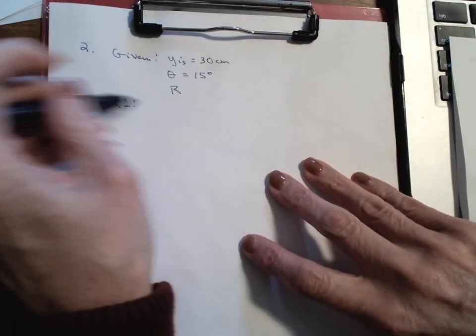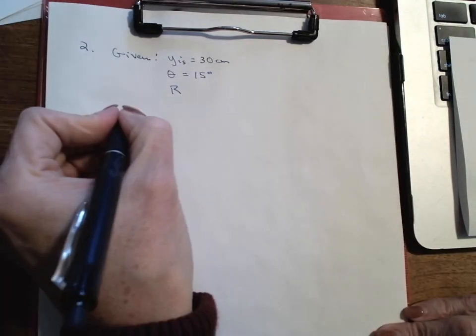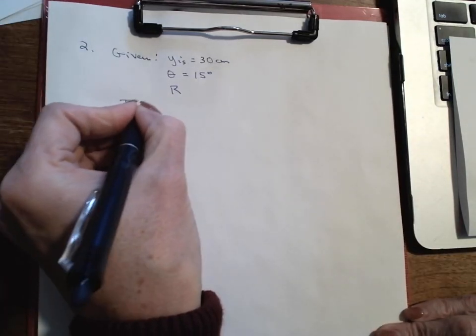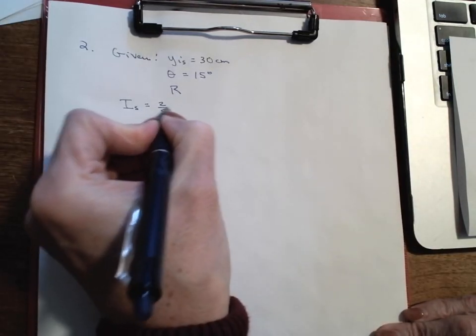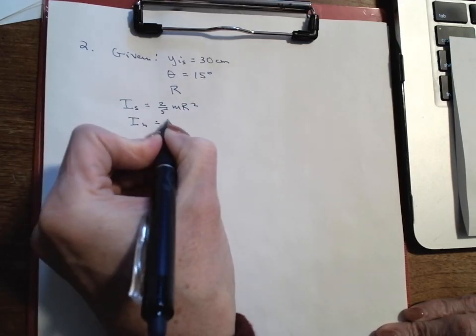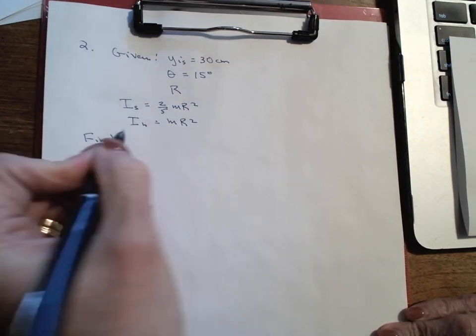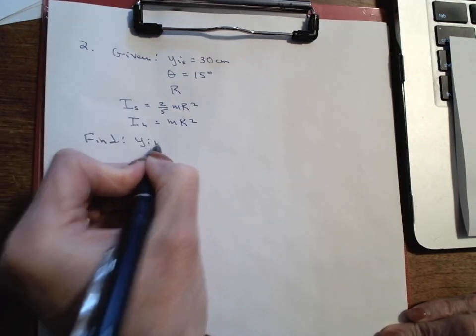I have a couple more givens that we just have to know because we're talking about a sphere and a hoop. I for the sphere is equal to 2/5 mr squared, and I for the hoop is equal to mr squared. And we're going to find the initial height, yi, for the hoop.